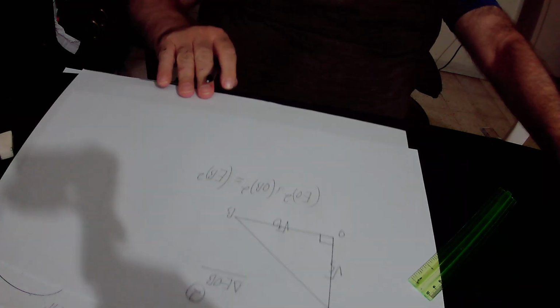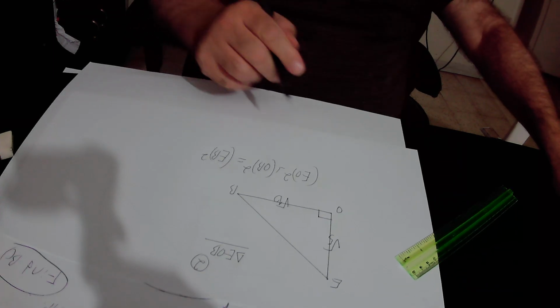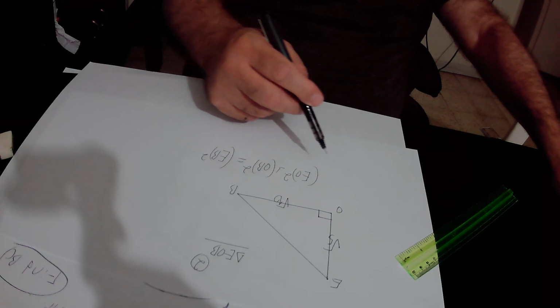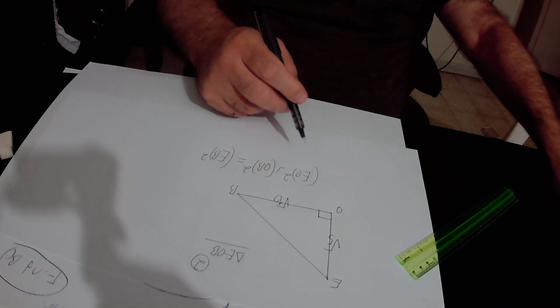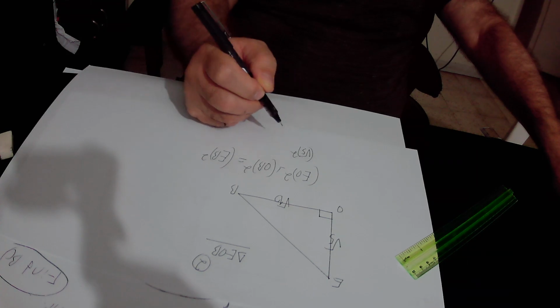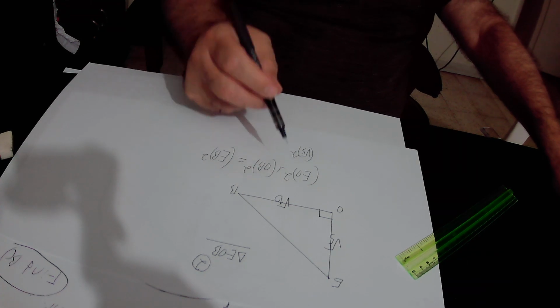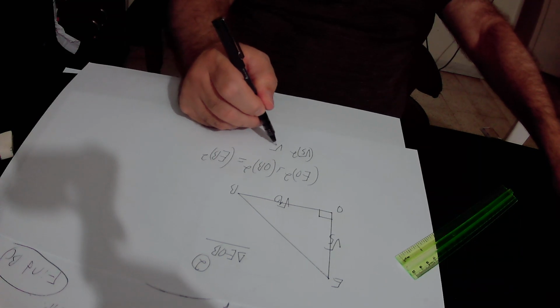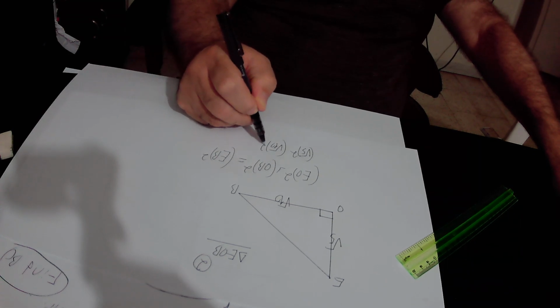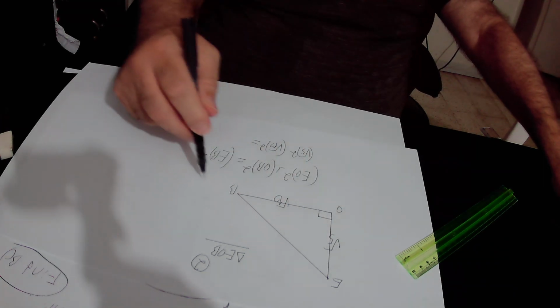Okay. EO equals square root of 5, so EO square equals square root of 5 square. OB equals square root of 10 units, therefore OB square equals square root of 10 square. And it is equal to EB square, that is the square of the hypotenuse.